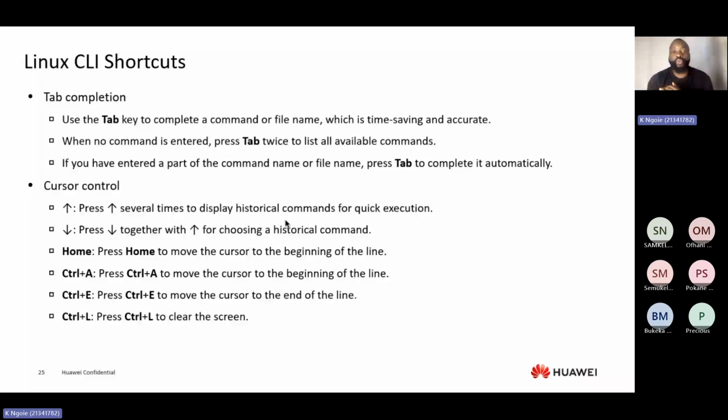For example, if you are typing CD doc, and then you press tab on your keyboard, I'm sure you know the tab button, okay? When you press tab, that will complete to CD document if it exists, right?